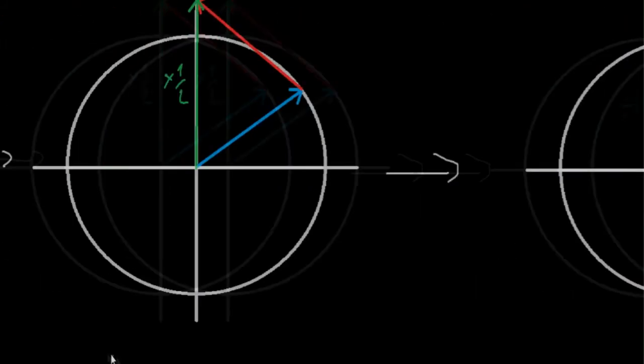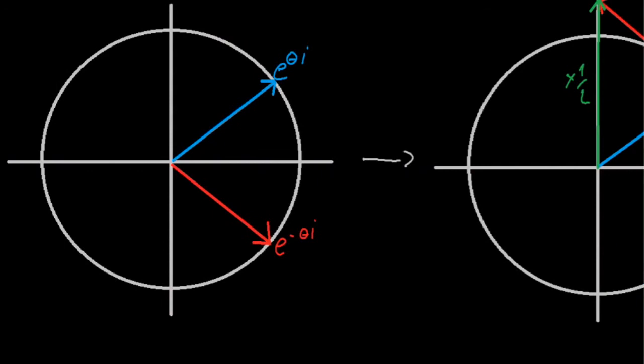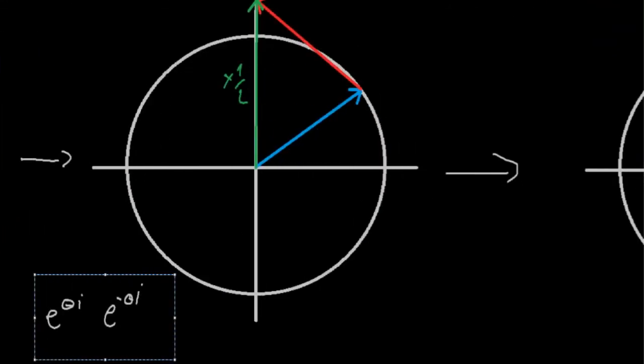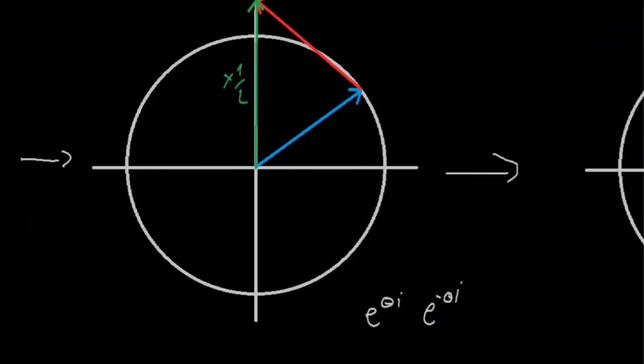So again, let's recap what we did. We considered a number in the complex plane, in the complex unit circle, e to the theta I, and we consider its conjugate, e to the negative theta I, right? And so then we subtracted the two, which made this motion of adding the second vector to the first, then flipping it 180 degrees, resulting in this bigger green vector.